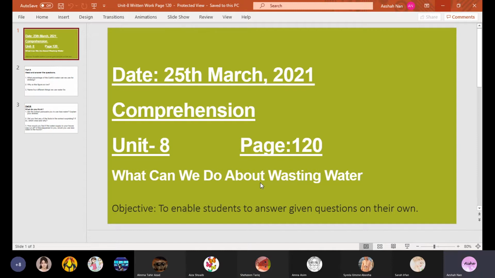If the water supply to your house has been cut off, how would you feel? Really bad. Yes, we would feel discomfort, right? We wouldn't be comfortable. We would feel really sad.